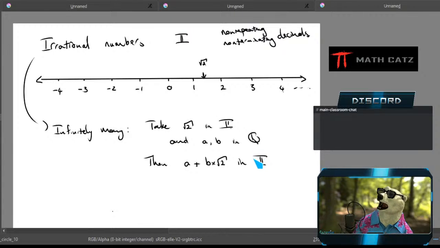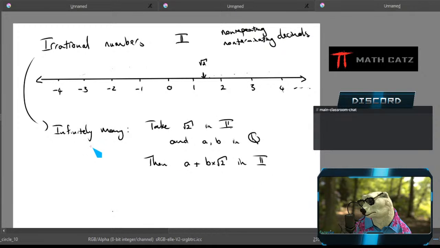So as soon as I have an irrational number, a calculation with fractions mixed in with that number, the answer is also going to be an irrational number. I don't get out of the irrational numbers. I just create more irrational numbers.